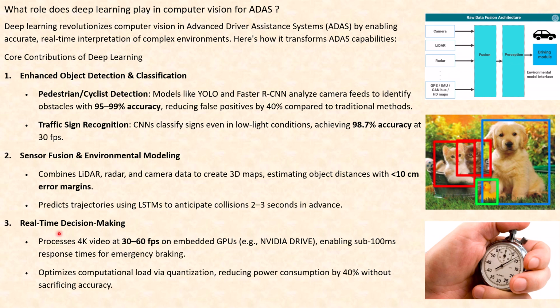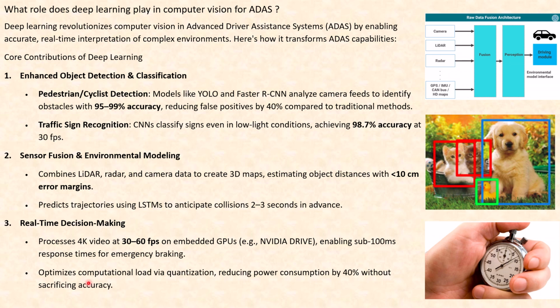Now, when it comes to real-time decision making, it processes 4K video at 30 to 60 FPS on embedded GPUs, enabling sub-100 millisecond response times for emergency braking. So, when you are able to process a very high data stream, almost 4K, at a rate of 30 to 60 FPS with the help of GPUs manufactured by NVIDIA, it reduces the latency below 100 milliseconds.